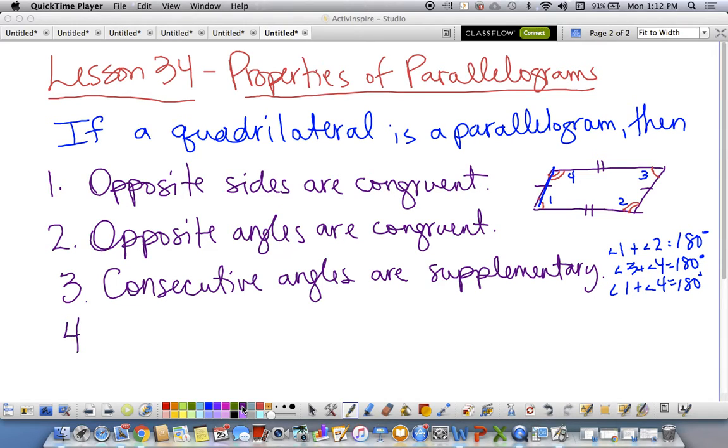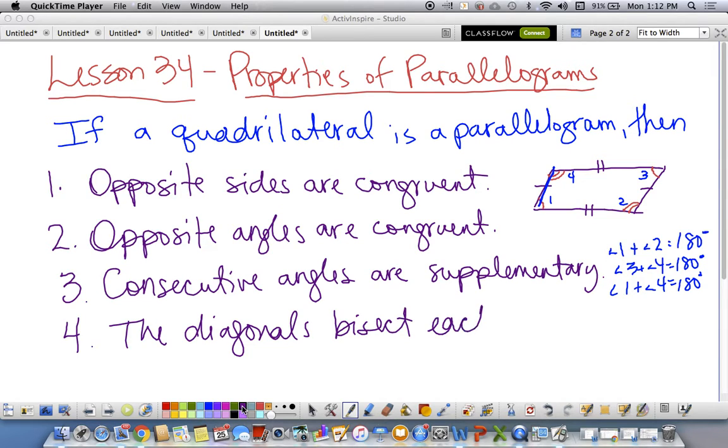And the fourth property. If the quadrilateral is a parallelogram, then the diagonals bisect each other. What is a diagonal?